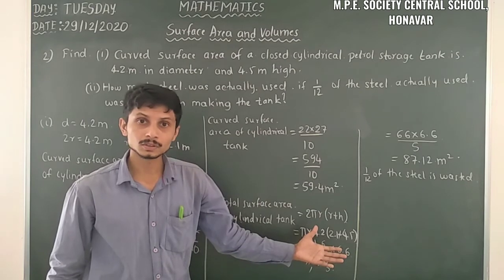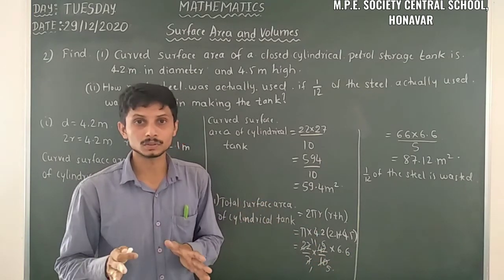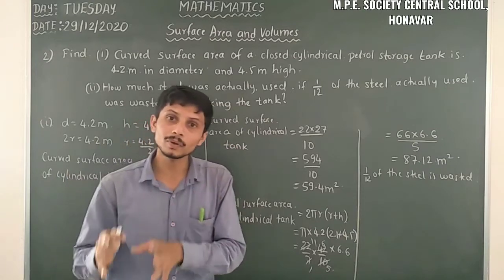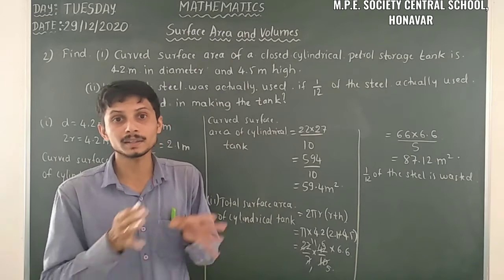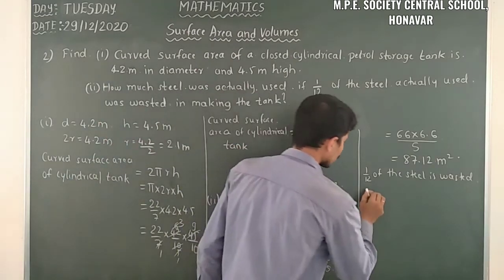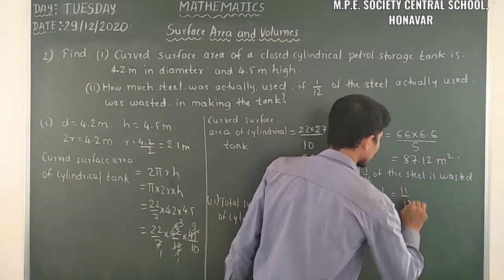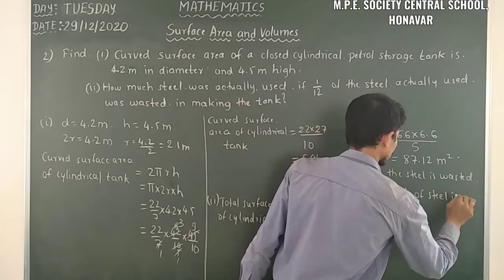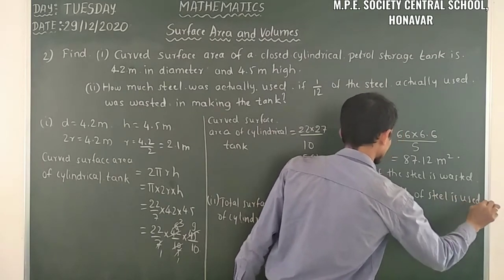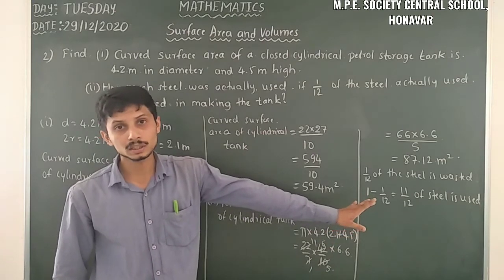The total part is 1, and in that 1/12 is wasted, so we have to neglect that and subtract it from 1. So 1 minus 1/12 is equal to 11/12 of the steel is used here.